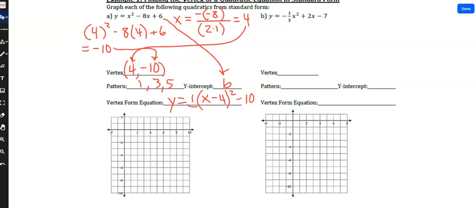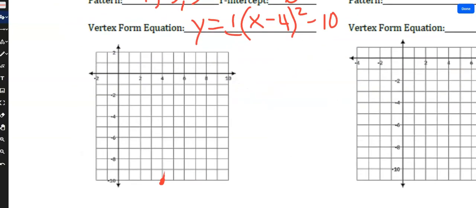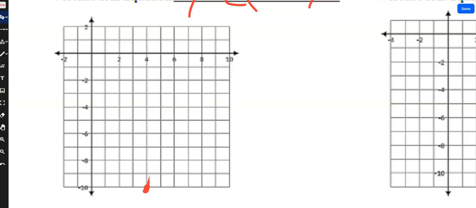You're probably going to look at me and go, well, Mr. Stailey, that's not even on my graph. True. It won't show up on this graph. But (4, negative 10) will. And if I use my pattern of over 1, up 1, over 1, up 3, over 1, up 5, all I'm doing is following exactly what I just said out loud.